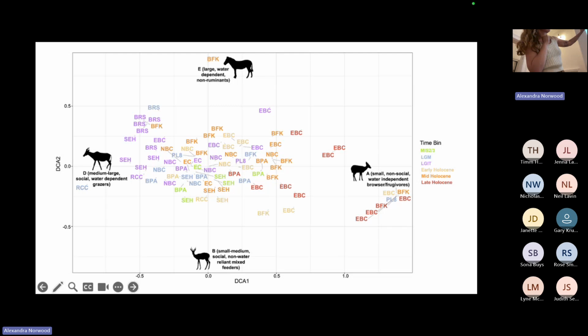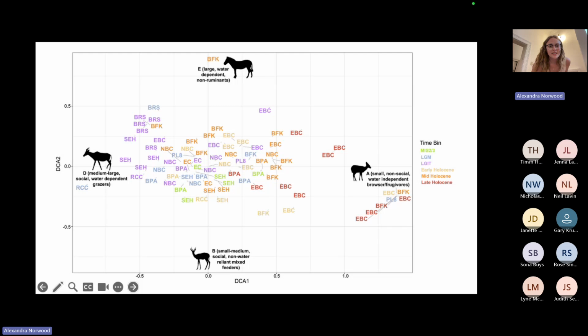The names are not so important. What's really striking is that you can see the distribution of colors immediately, right? We have our blues and purples over here, which are our older units, and then our oranges and reds on that side, which are our younger units. This side is where our really grazer-dominated communities are. That side is where our browser-dominated communities are. So older sites have way more grazers, younger sites have way more browsers.